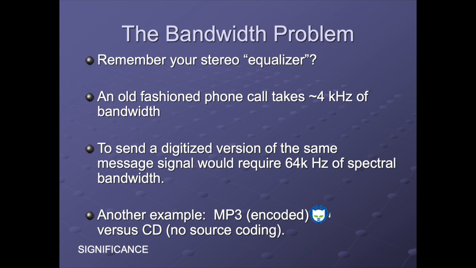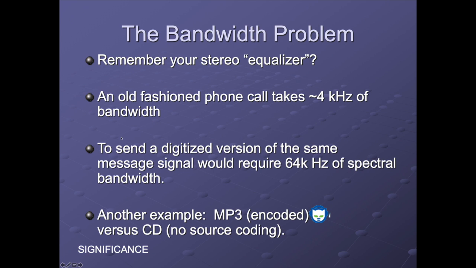You already know, because you're electrical engineers, about bandwidth. If you wanted to make a phone call, we know that the frequency content of speech can be filtered down to about 4 kilohertz, and it still sounds decent. It sounds like a phone call, basically. So old-fashioned phone calls used about 4 kilohertz of bandwidth.